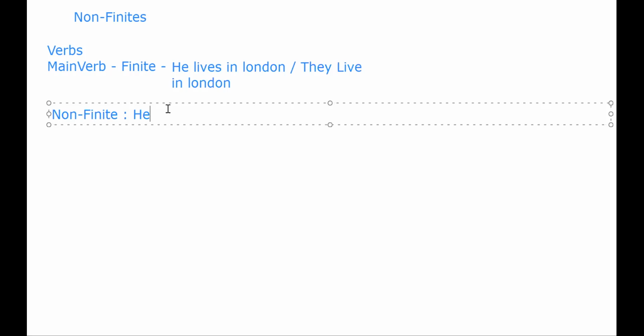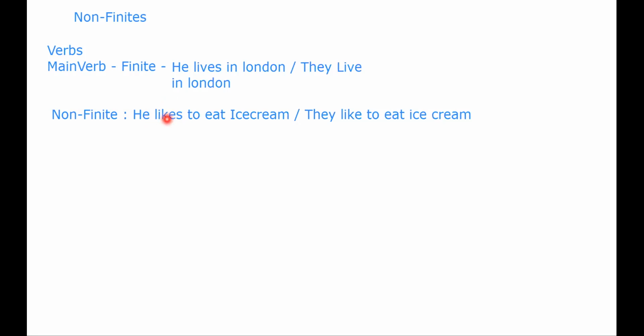For example, he likes to eat ice cream, and they like to eat ice cream. Now in this part, we can see that the verb like is changed with respect to the subject. So that is called a finite verb. He likes and they like.